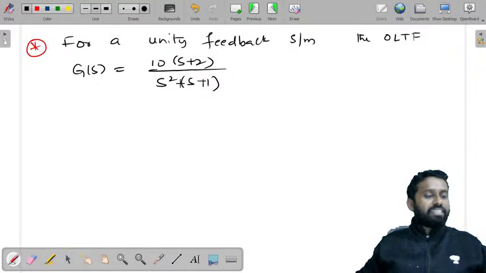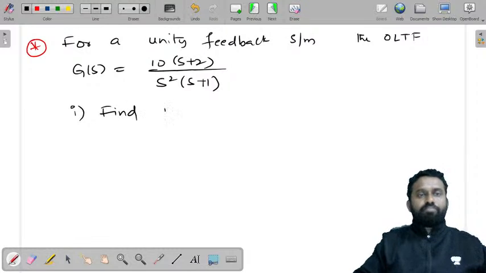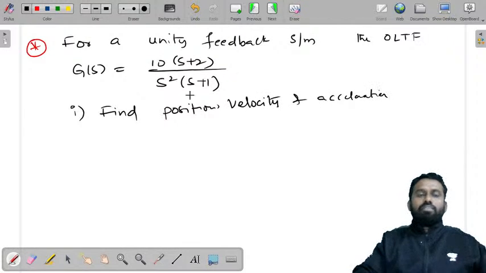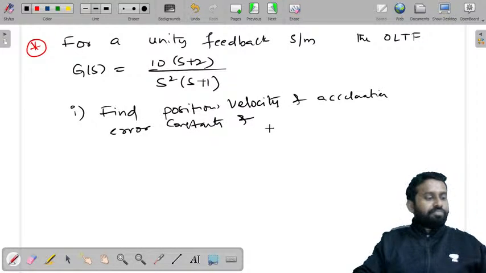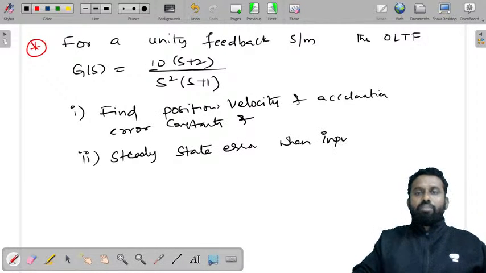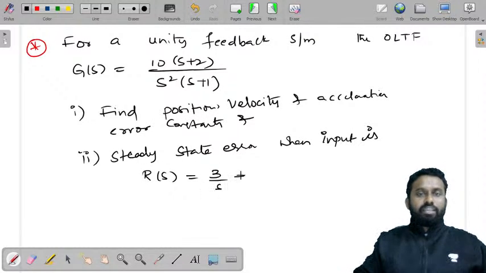Find the position, velocity and acceleration error constants. Second, find the steady state error when the input is R of s equal to 3 by s minus 2 by s square plus 1 by 3s cube.